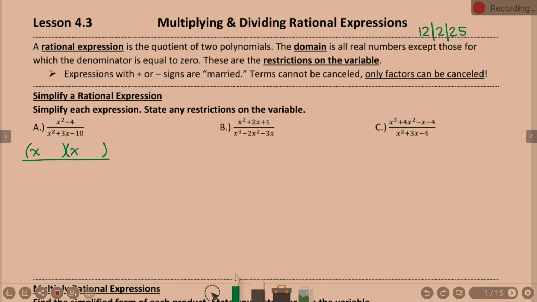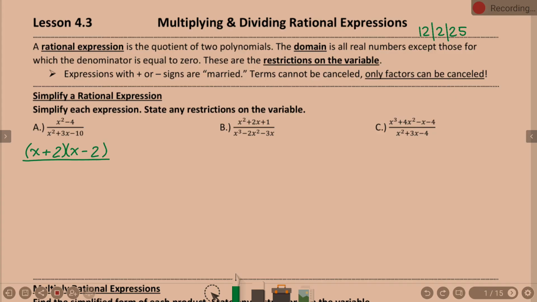And if this is x squared minus 4, this is what I would call difference of squares. It's 2 perfect squares being subtracted. So x squared is x times x. What about 4? Square root of 4 is 2. So that's 2 and 2. And how do we multiply to get a minus 4? You need a plus and a minus. Okay?